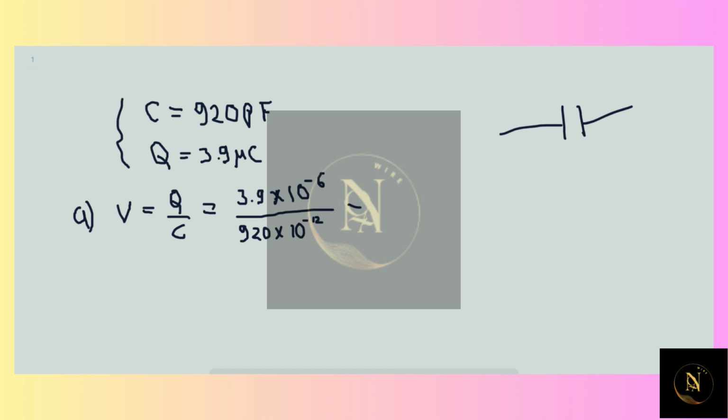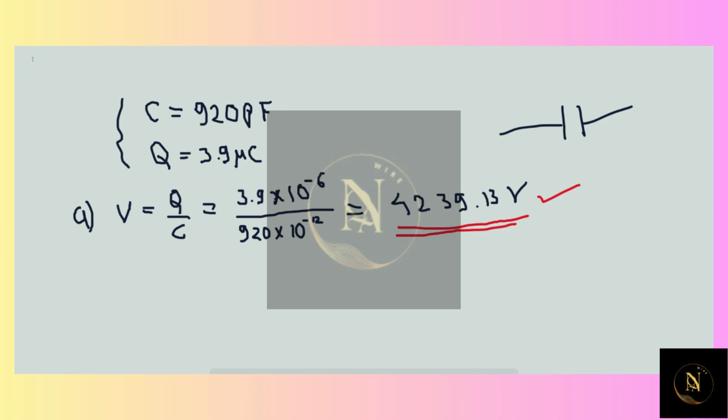And if we calculate this value, it comes out to be 4239.13 volt. So this is the value of the potential difference between the parallel plates of this capacitor. That's the answer for the first part of the problem.